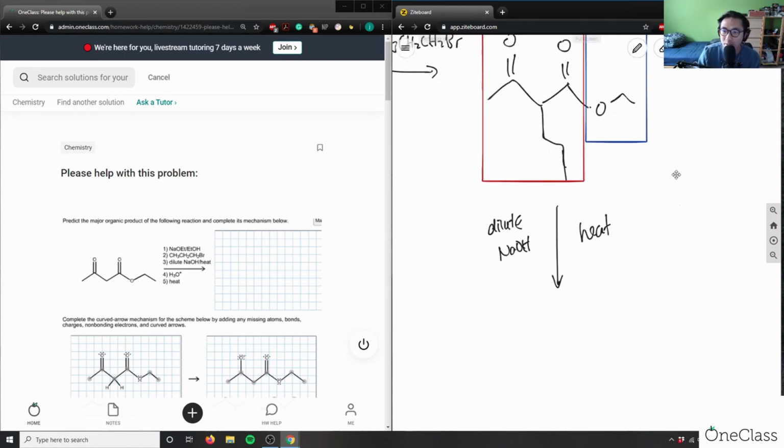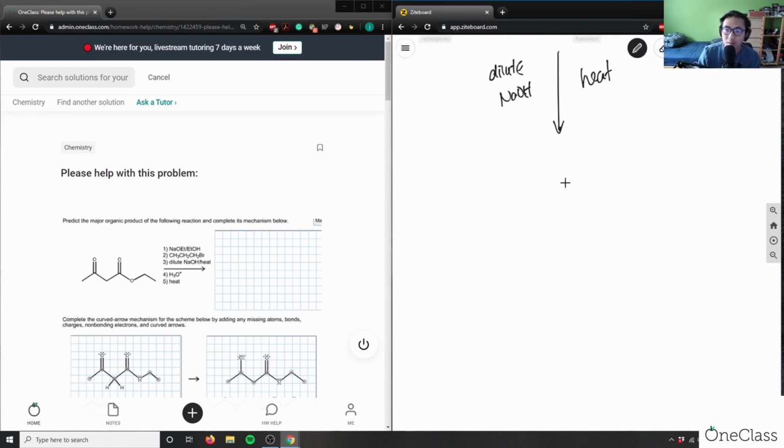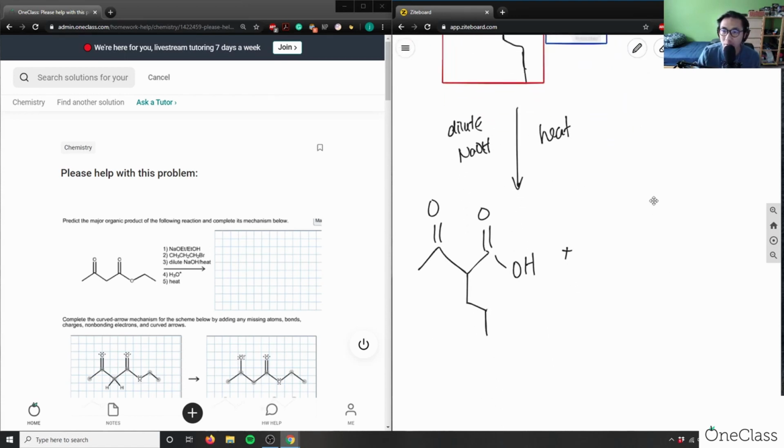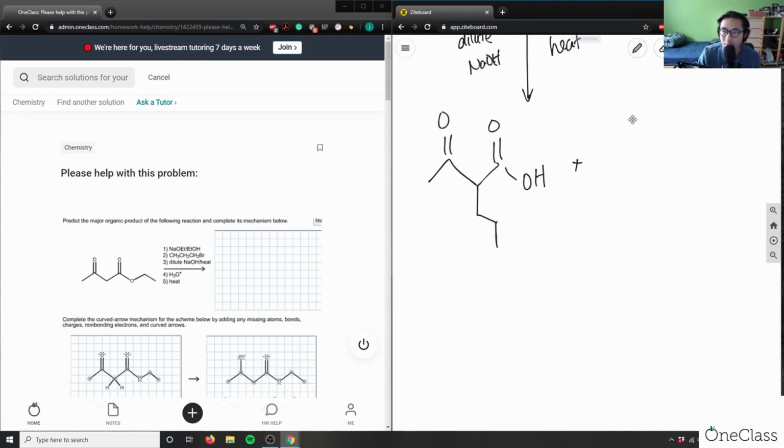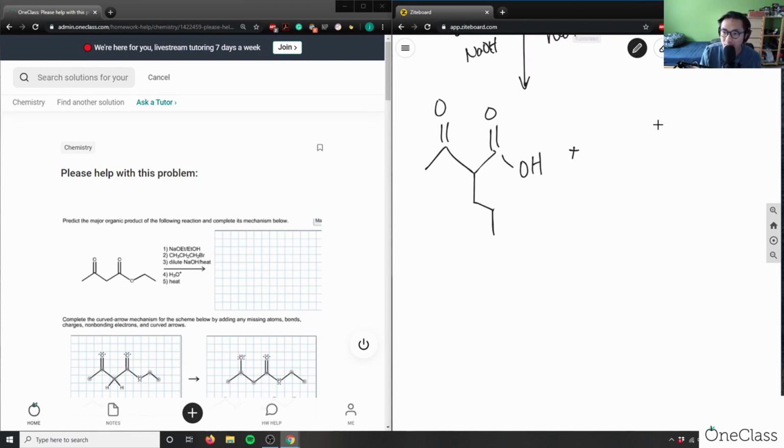But this is going to create my carboxylic acid, which is drawn like this. So I'm still in box mode, sorry. We get 1, 2, 3. So I have double bond O here, bond OH. This here is my carboxylic acid, plus I'm going to get whatever the attachment is here. I have a 2-carbon O group, and it's going to be stabilized by the Na plus. So this here is 1, 2, and there's an O minus here.